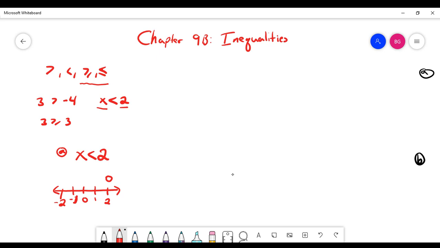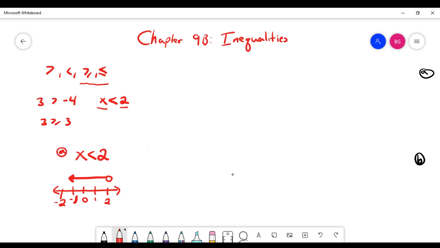Remember, we always say the smaller number eats the bigger number. Since x is smaller, it's eating the 2, so we want everything smaller than 2. I'll draw my arrow to the left so our numbers are smaller. We have the open circle on 2 because we don't want 2 included, but we want everything up until 2, but not 2. So that's how we would do that part.